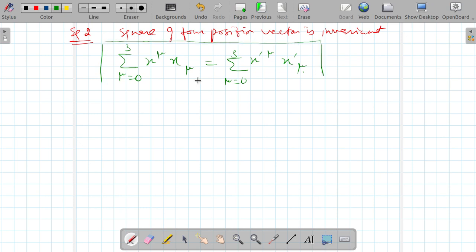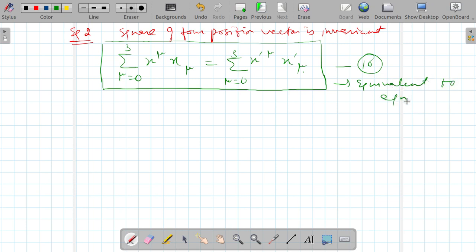This represents the invariance, and this equation is equivalent to equation 2.